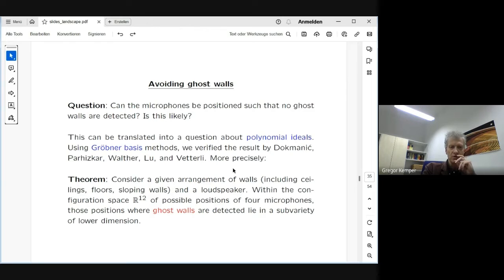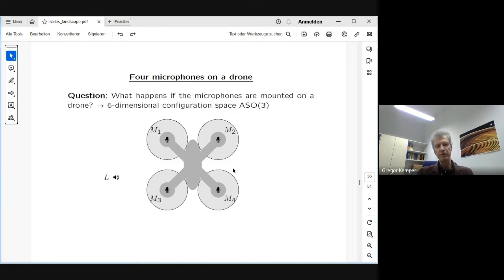Right. So much about gaining our own understanding. Now, having done that, we were thinking maybe we can also improve on their result, and that brings in the idea of a drone. The whole thing would be more useful if you didn't have 4 separate microphones on separate microphone stands, but a drone that has 4 microphones mounted on its body in fixed positions.